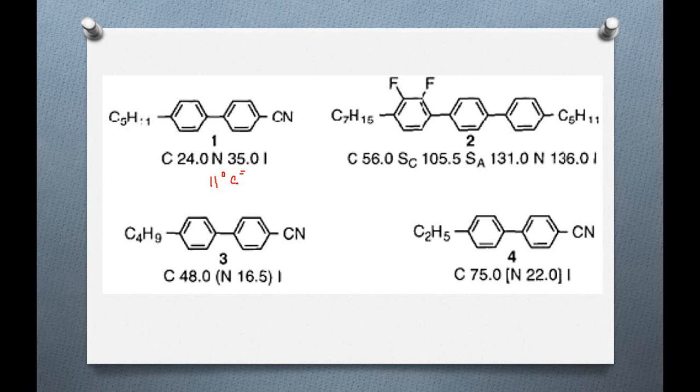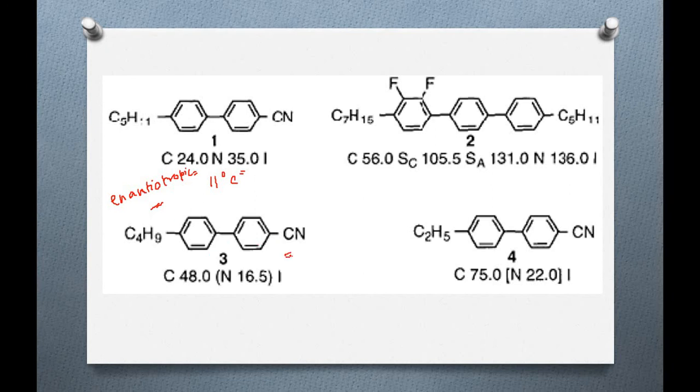So this particular kind of material, where it melts and the melting temperature is less than the nematic phase stability, is called enantiotropic. Just let me write it down once again. Enantiotropic material.